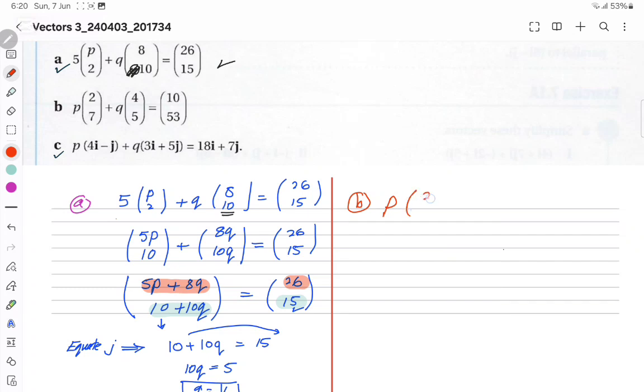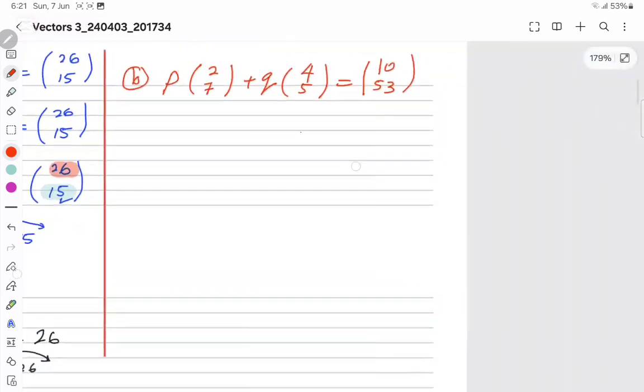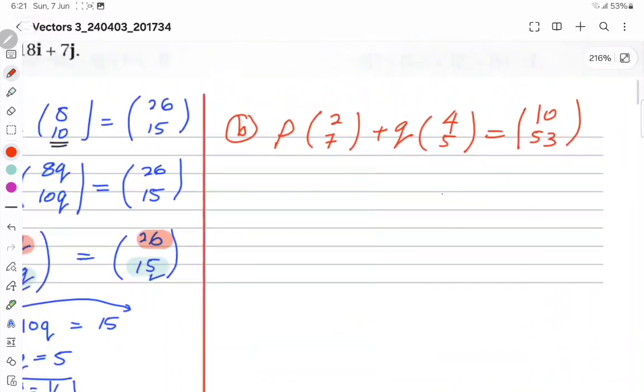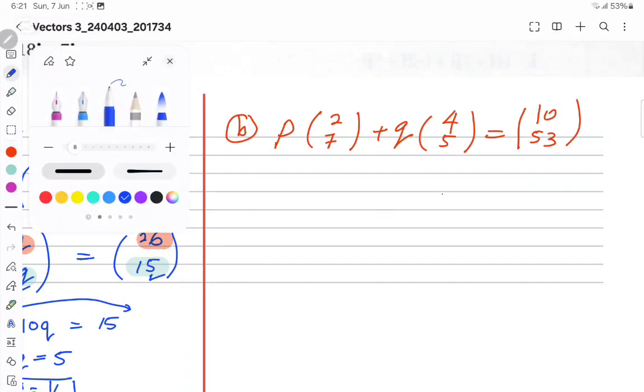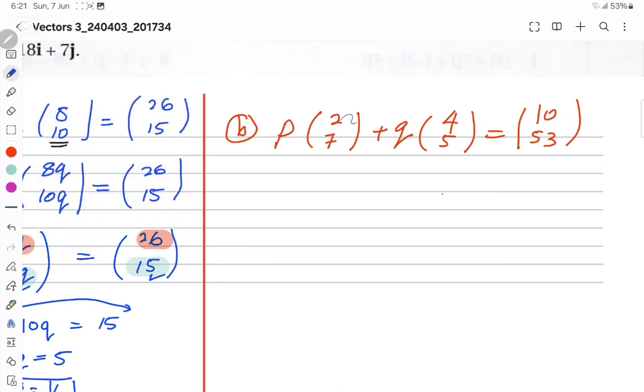It's P times (2, 7) plus Q times (4, 5). All of that is equal (10, 53). So by the same way, P times 2, it will be 2P. P times 7, it will be 7P. 4 times Q, it will be 4Q. 5 times Q, it will be 5Q.